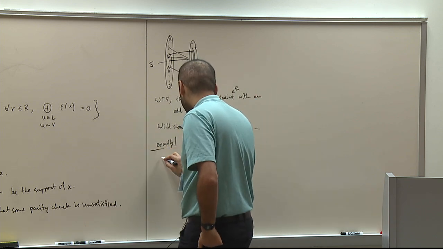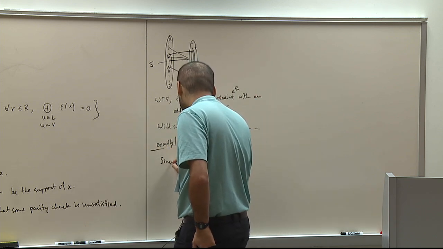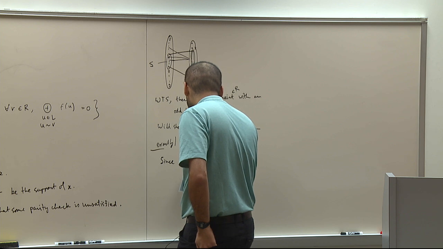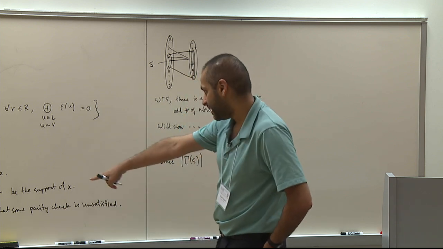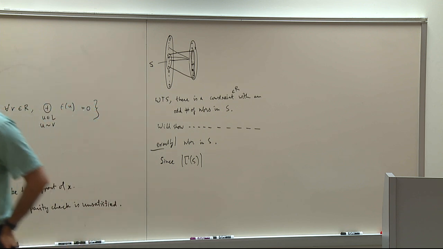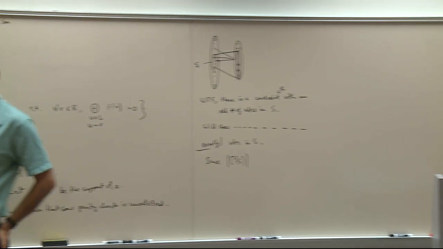Since the size of S is at most delta n, conveniently the same delta n of my expansion, the distance delta is going to be this delta.